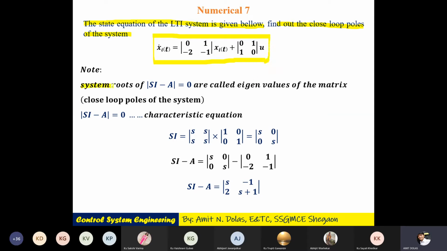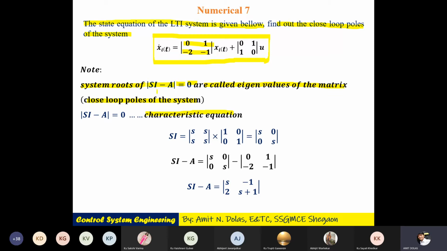The roots or poles of the characteristic equation we can write for a matrix as determinant of SI minus A equal to 0, where A is the system matrix. This is nothing but the eigenvalues of the matrix, the characteristic equation of the system.